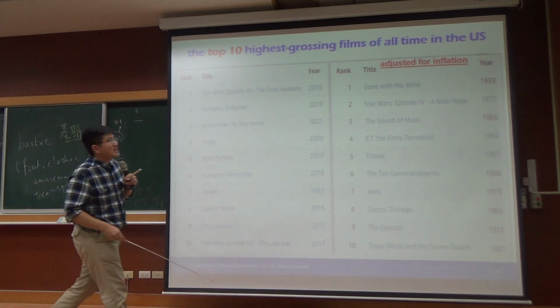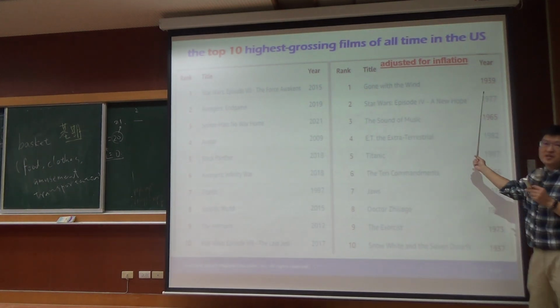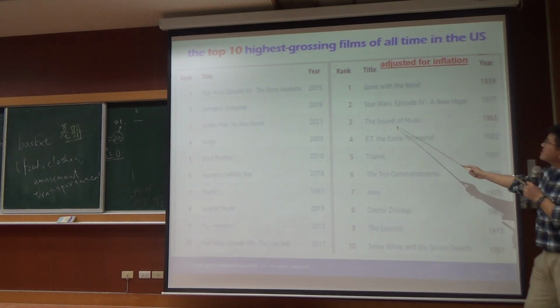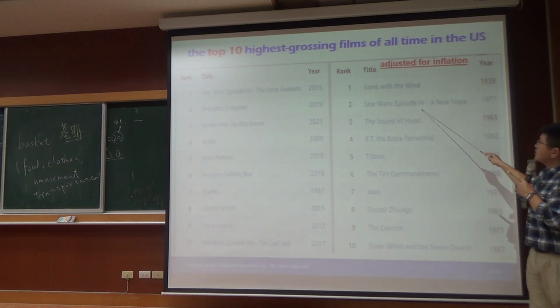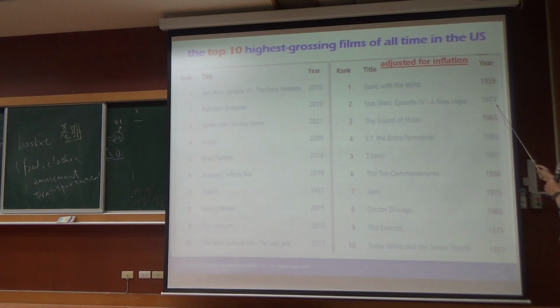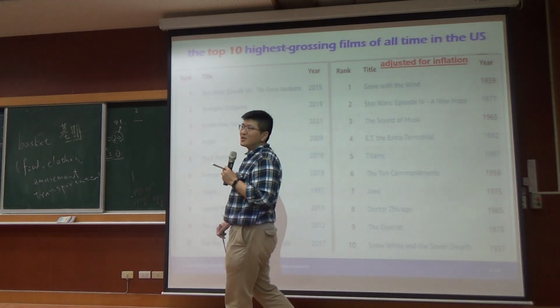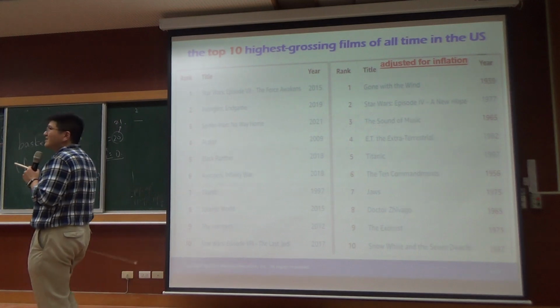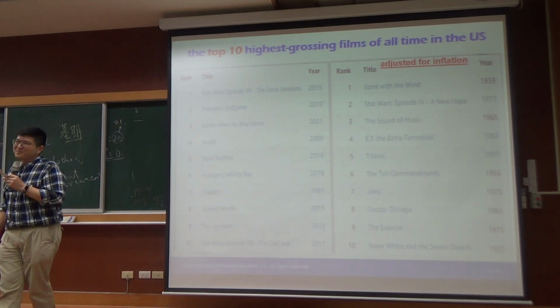The movie was in 1939. And the second would be Star Wars Episode 4, A New Hope, in 1977. The Sound of Music. Do you know The Sound of Music?